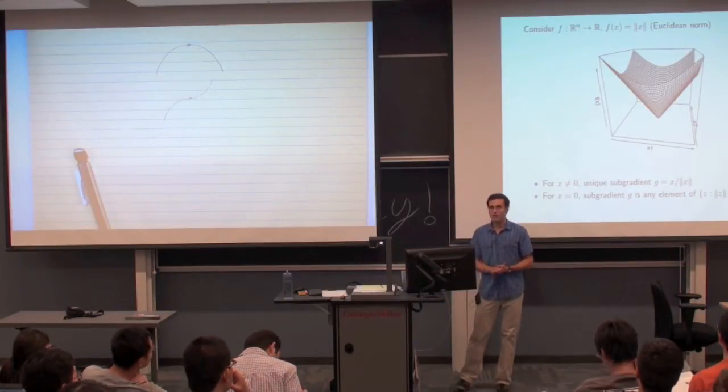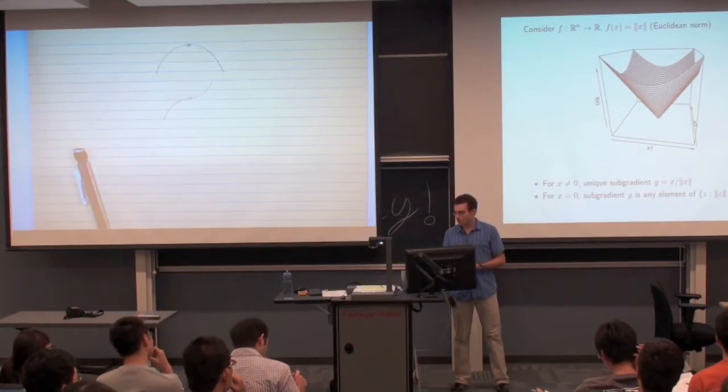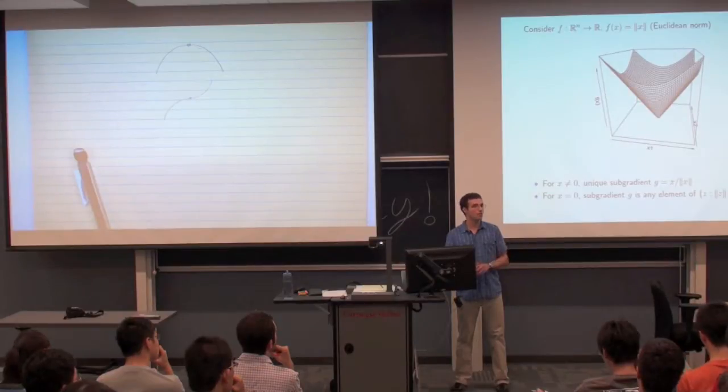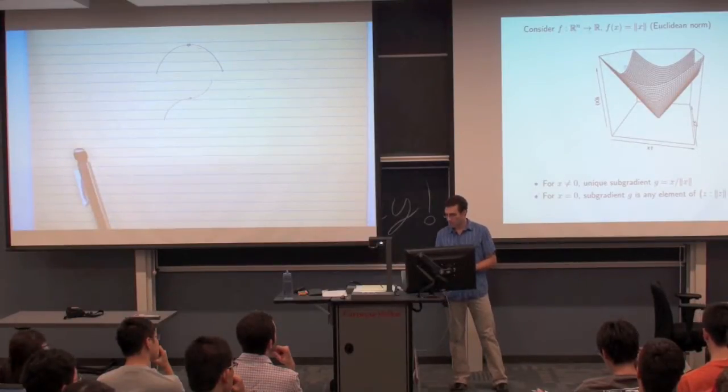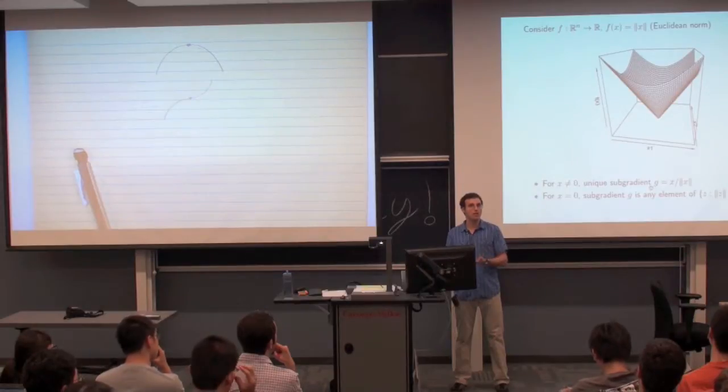Okay, so here's another example. We're going to a little higher dimensions. Let's take the Euclidean norm. This is just the sum of the squared components of x, and I take the square root of that. Right? That's differentiable everywhere except at the origin. This is what it looks like in R2. It's smooth everywhere except for at the origin. So if x is not equal to 0, then there's a unique subgradient, and it's equal to the gradient, which is x over its norm.